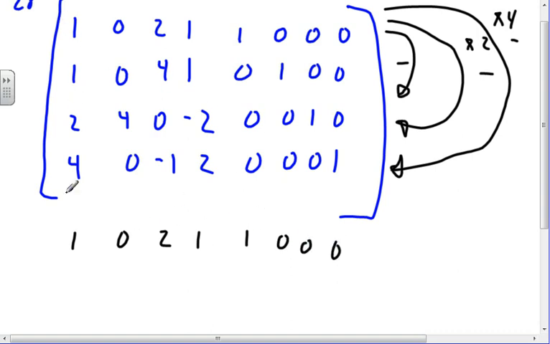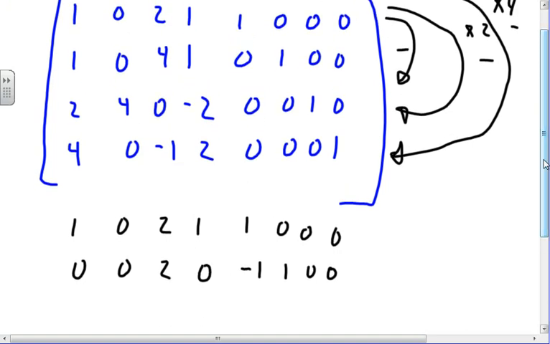And we're just going to subtract. 0, 0, 2, 0, minus 1, 1, 0, 0.